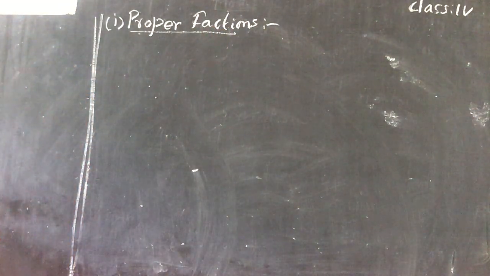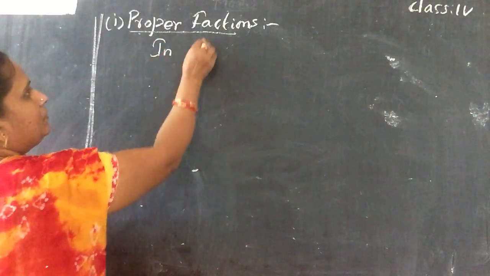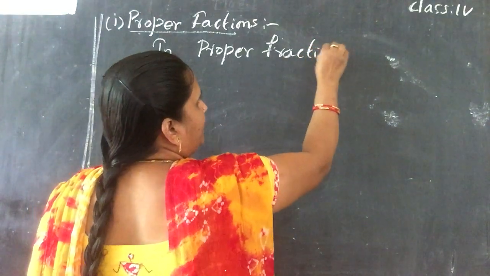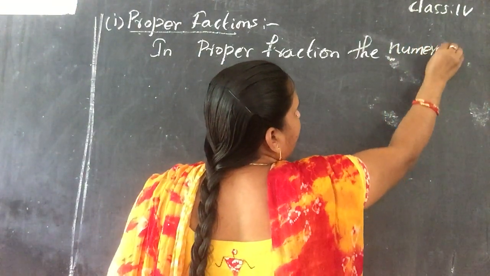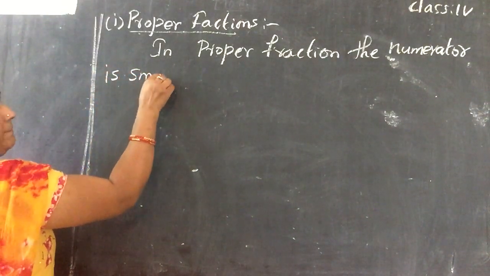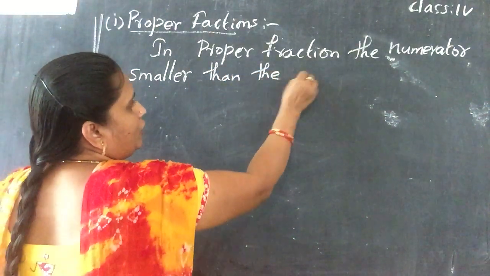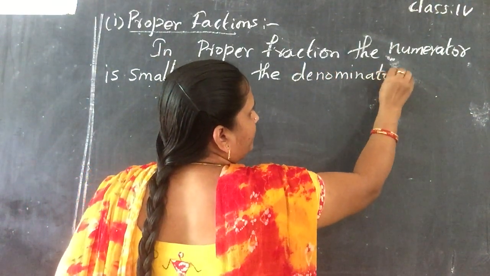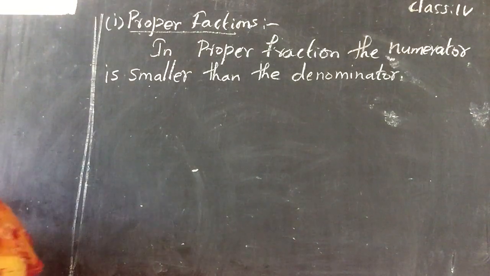Okay, now write down: in a proper fraction, the numerator is smaller than the denominator.